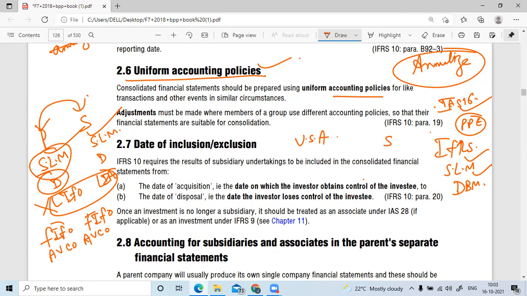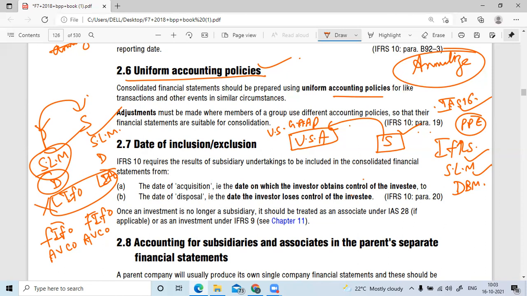In previous years, all the statements prepared in India were as per Indian accounting standards, and whatever statements were prepared in the United States were as per US GAAP. So they used to translate the Indian accounting standard treatment to US GAAP treatment, and then consolidate. You understood?